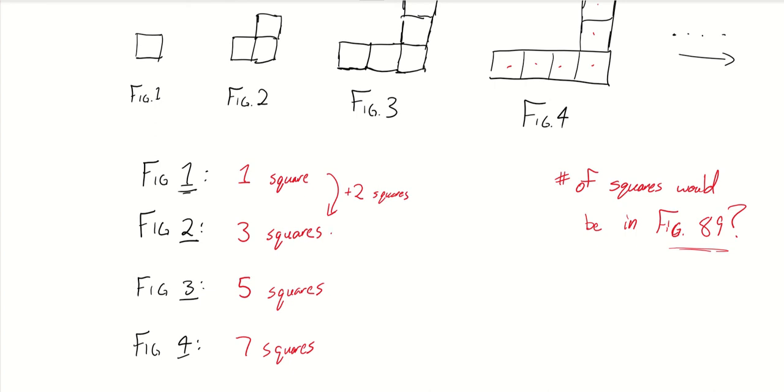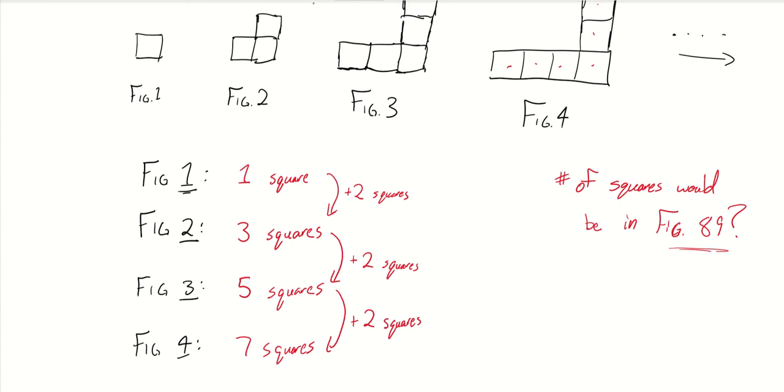If we're going from figure 2 to figure 3, how many squares did we end up adding? We ended up adding 2 squares. And if we wanted to go from figure 3 to figure 4, we can see clearly that we are just adding 2 squares.